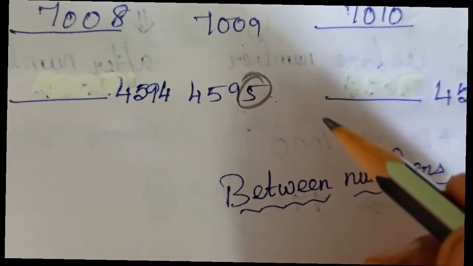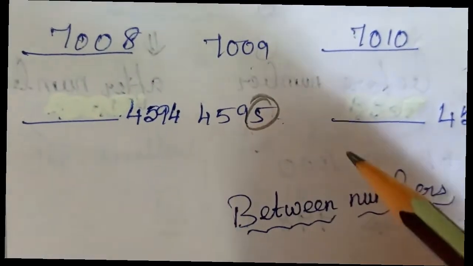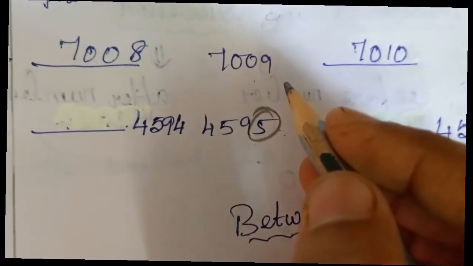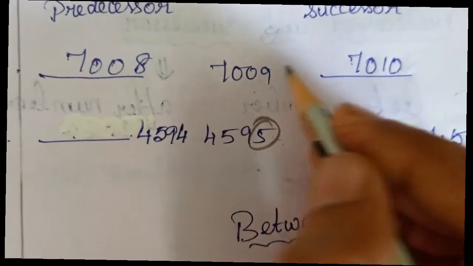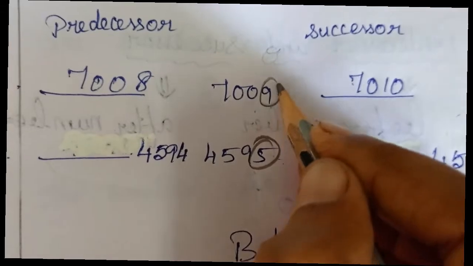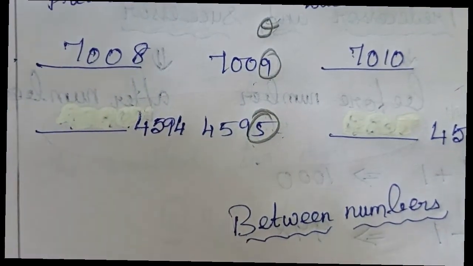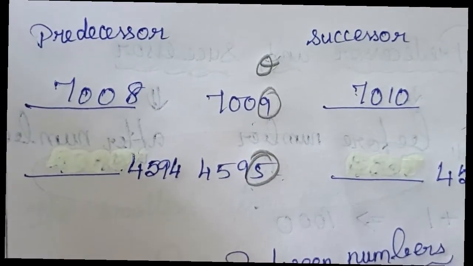Remember this. If you want to find the predecessor or successor of any number, you can just add 1 or subtract 1 from the ones place value, and you can get the predecessor or the successor of the given numbers.